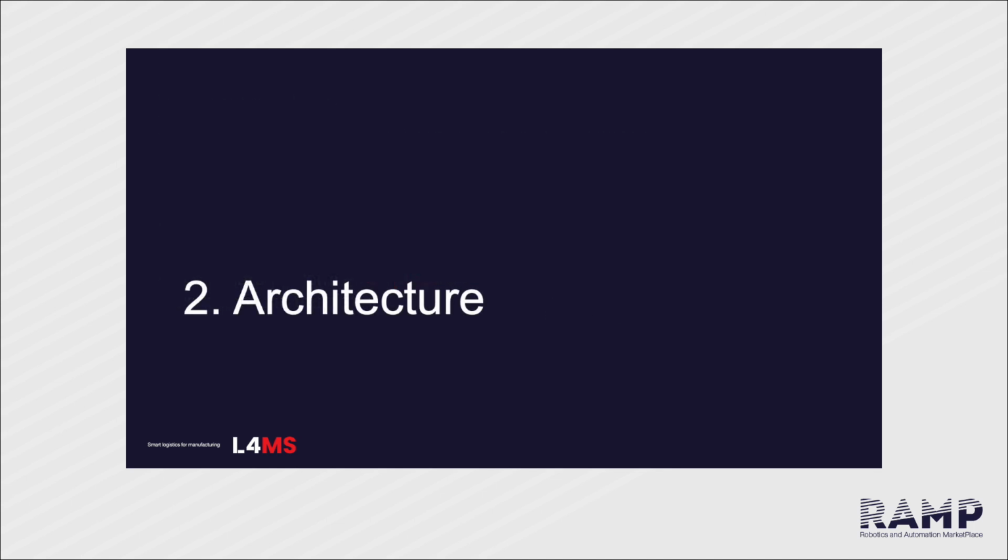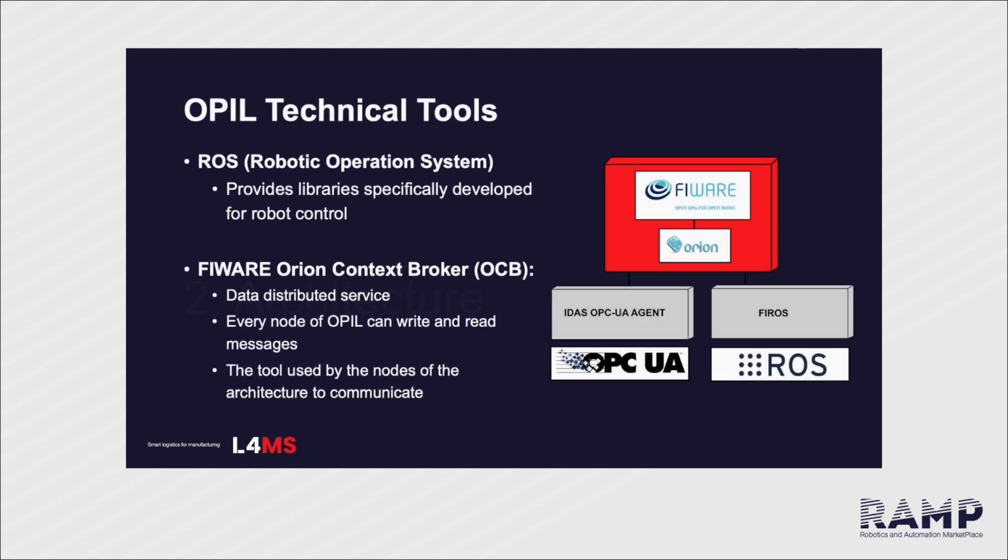And now we can talk about the library architecture and its technical tools. On technical tools, we have ROS, Robot Operating System, which provides libraries specifically developed for robot control, and it can communicate with FIWARE Orion Context Broker, a distributed data service where every node of the library can write and read messages, and the tool is used by the nodes of the architecture to communicate.